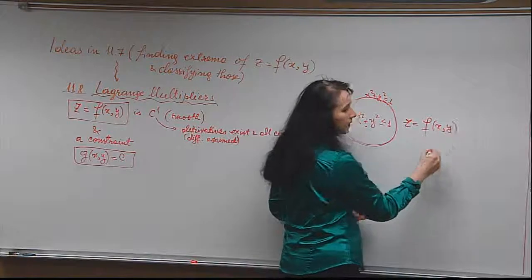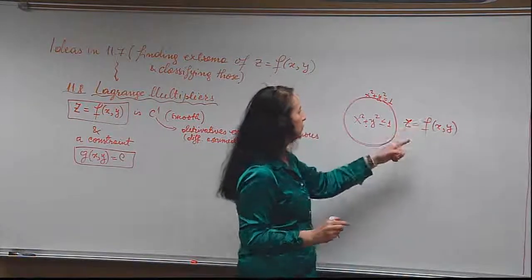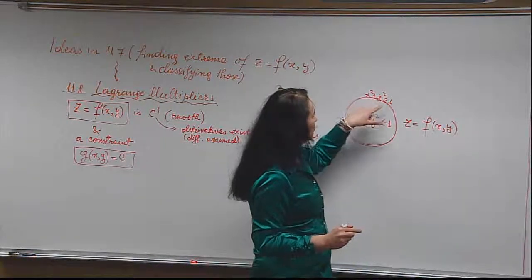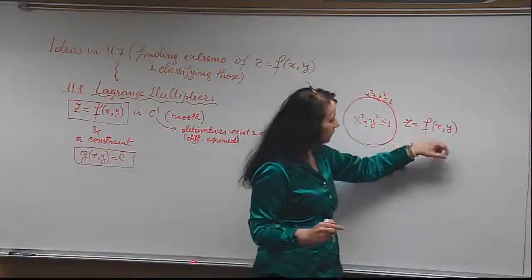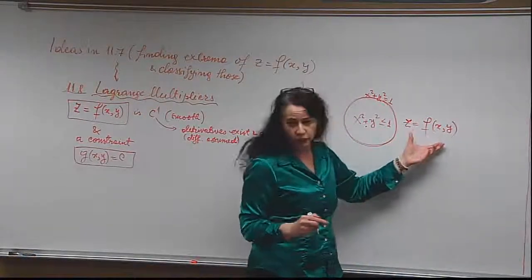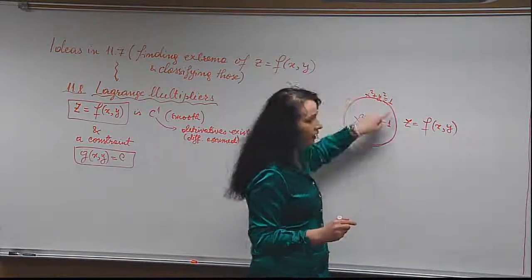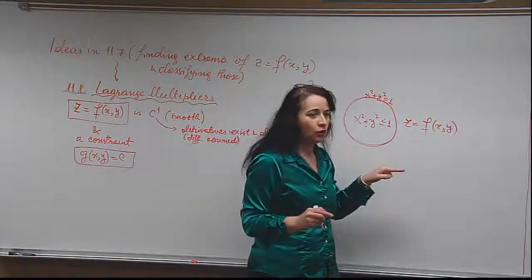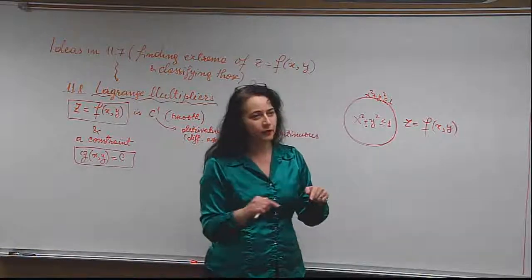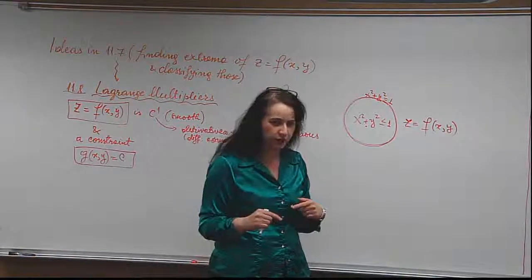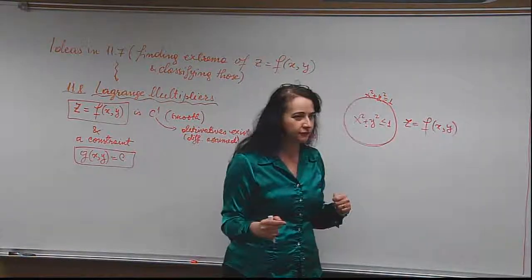Since y squared is 1 minus x squared, we plugged in and got a function of x only. For that function of x only on the boundary, we look for the critical points. It was a little bit of time-consuming stuff.